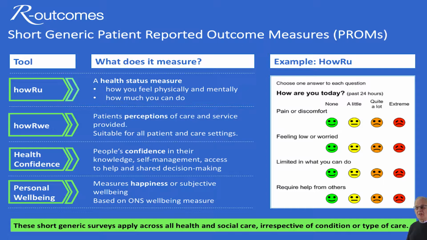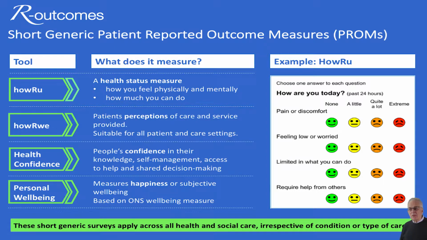How Are You is a simple health status measure which captures how you feel physically and mentally and how much you can do. How Are We is a patient experience measure focusing on people's perceptions of the care and service provided. The health confidence score covers their confidence in their knowledge, ability to self-manage, to access help and to take part in shared decision making.